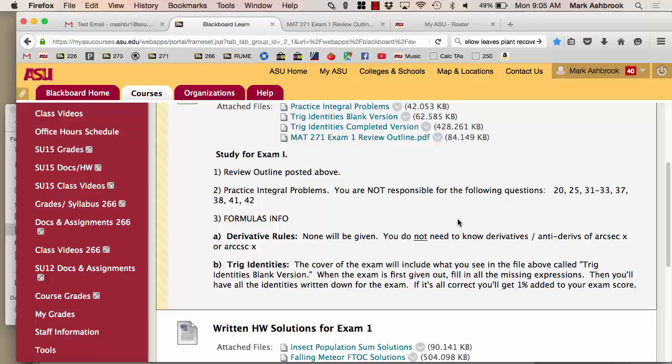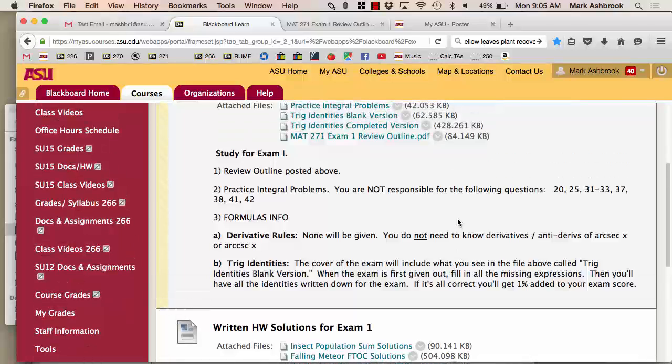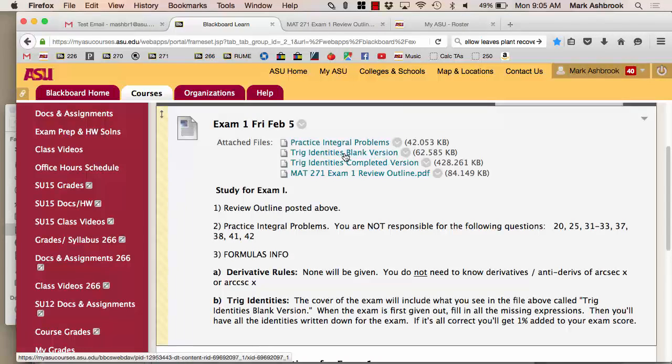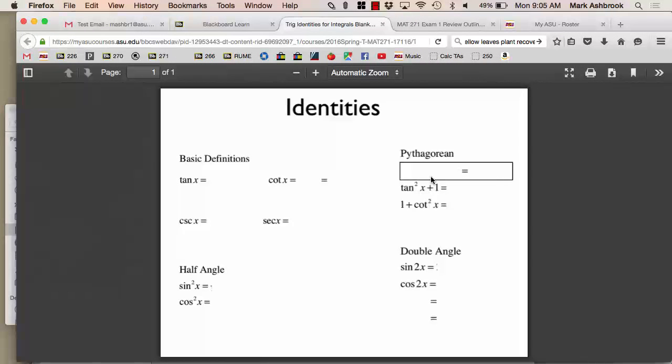As far as the identities, I'm going to kind of meet you halfway. This is what I'm going to do. The cover of the exam is going to look like this. There's going to be this on the cover of the exam. The first thing you'll do is fill this out, finish the identities, and then you'll have them for the exam.